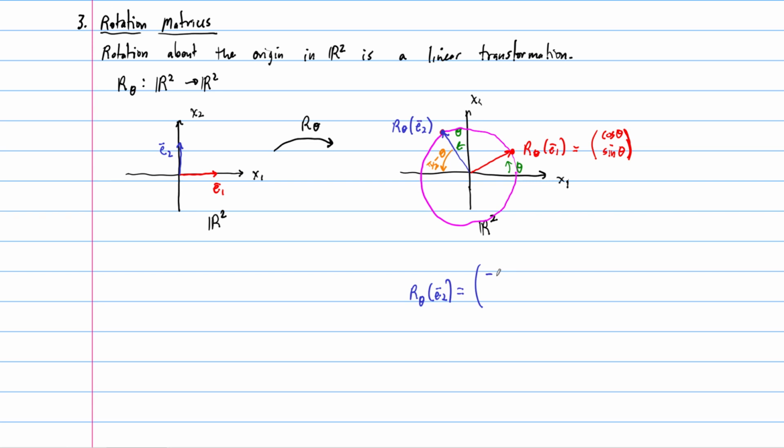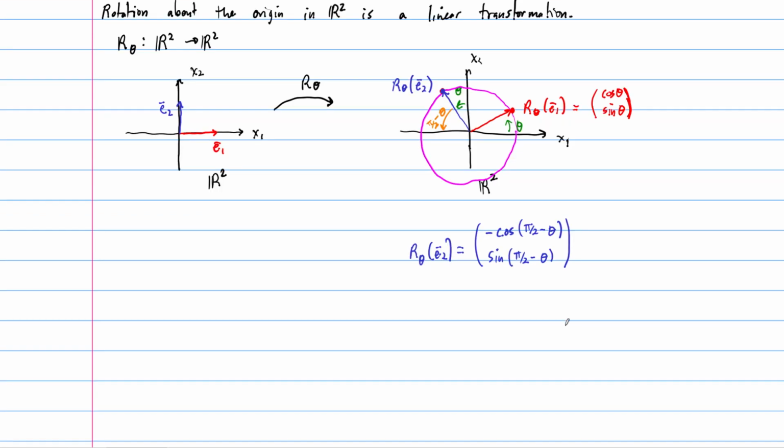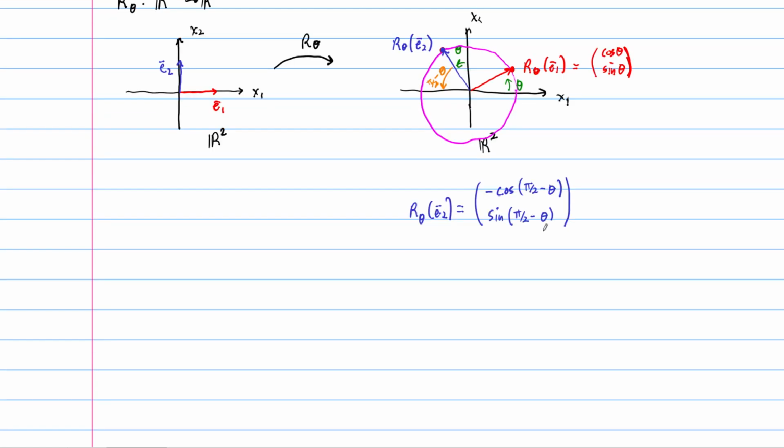So this is going to be negative cosine of pi over 2 minus theta, and this one up here is going to be positive sine of pi over 2 minus theta. These are now our cofunction identities.